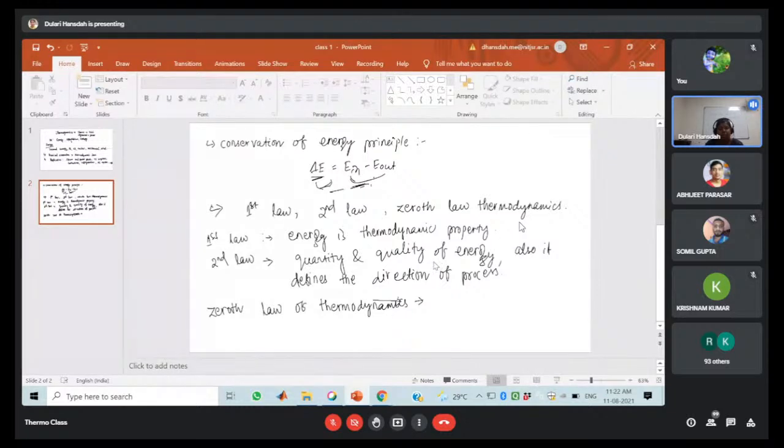So there we are taking some example. Suppose compressor is there, right? So compressor or turbine. Let us take the example of turbine. There steam with high temperature and pressure is entering the turbine blades.